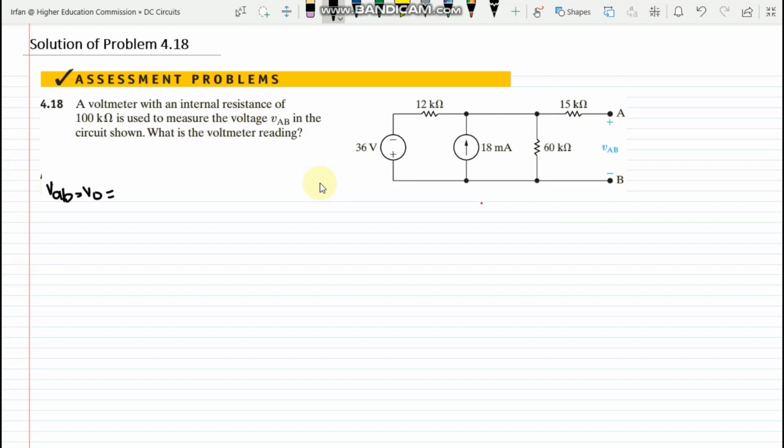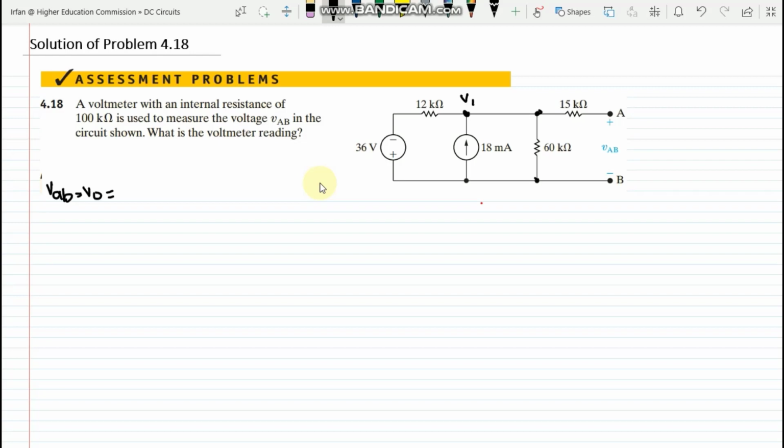In order to find the open circuit voltage, this circuit is already open circuited, so I can use any method I like. To avoid any difficulty, I can see that this current source is shared between these two meshes, so I will use the node voltage method.